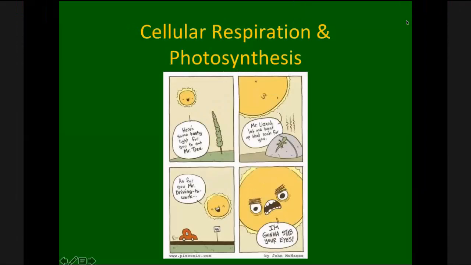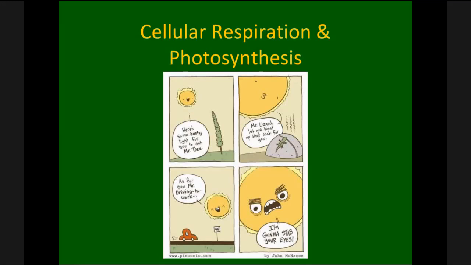Okay. So let me give you some context to cellular respiration and photosynthesis, these 2 processes, and then we can focus in on cellular respiration. I actually think we might be able to get through cellular respiration and photosynthesis today. 2 critical metabolic pathways for life on Earth, changed life on Earth.